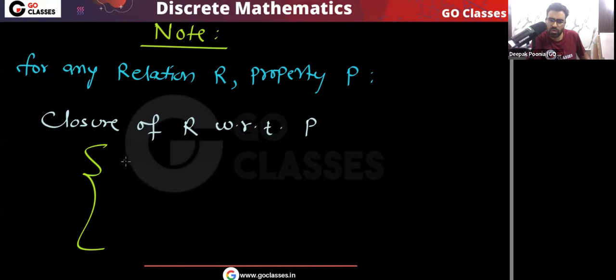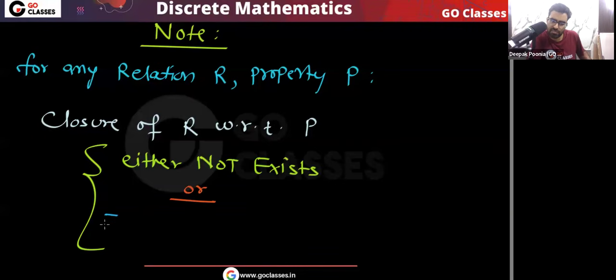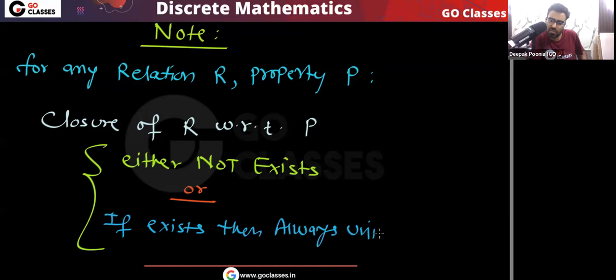So remember, either it does not exist, or if it exists, then it is always unique. Never say that there are multiple closures.